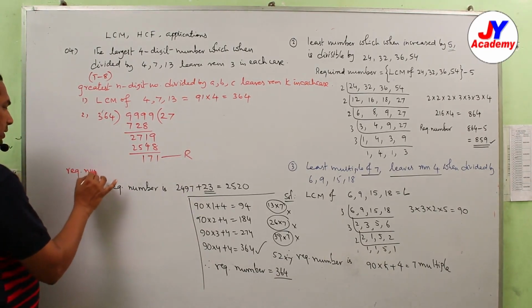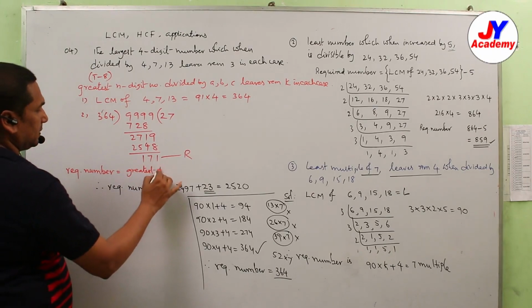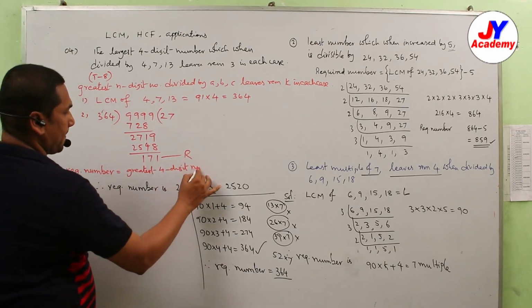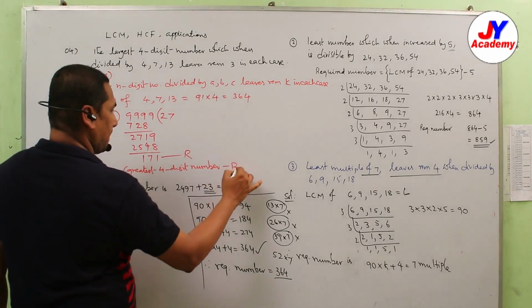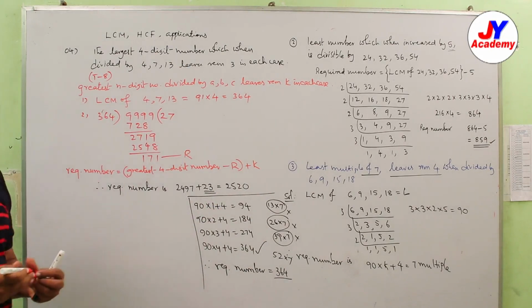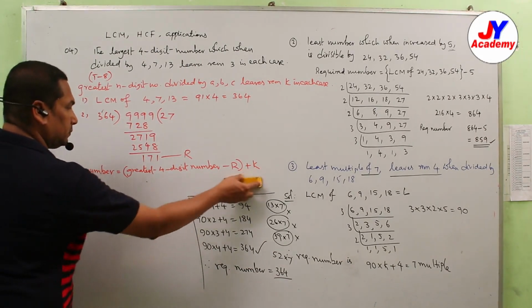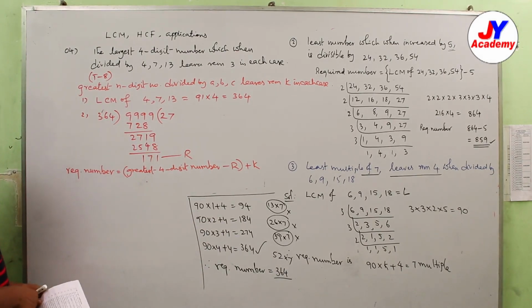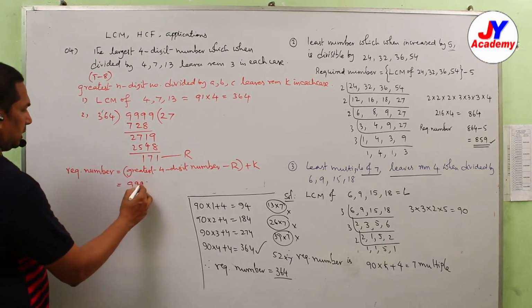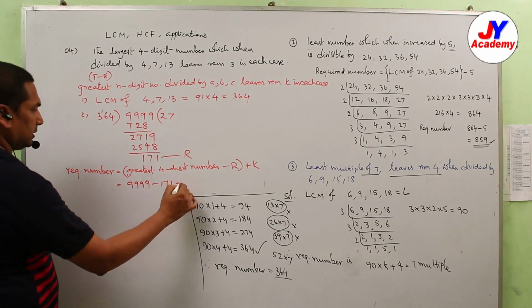Now the required number is the greatest 4-digit number minus R plus the remainder 3 left in each case. So what is the greatest 4-digit number? 9999 minus 171 plus 3.